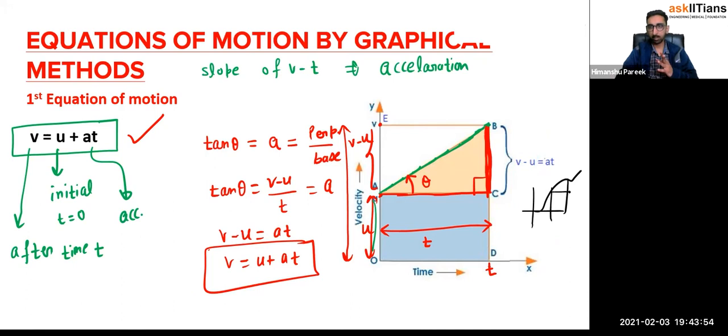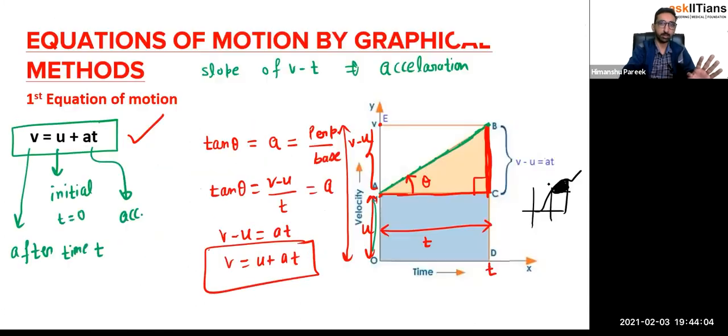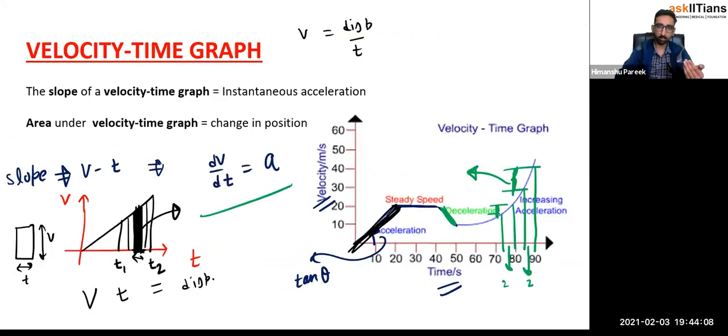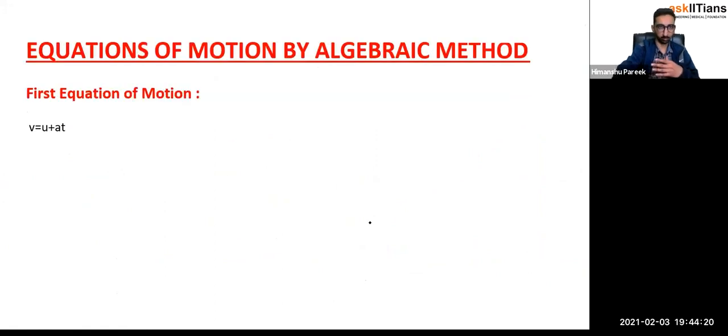You would be getting some different kind of curve, whose area we don't remember from maths. So this will be solved with the help of integration. For constant acceleration, we have derived them. Why constant acceleration? Because only for constant acceleration is the velocity time graph linear, because it's a uniform change in velocity.